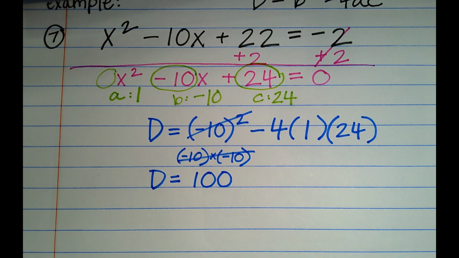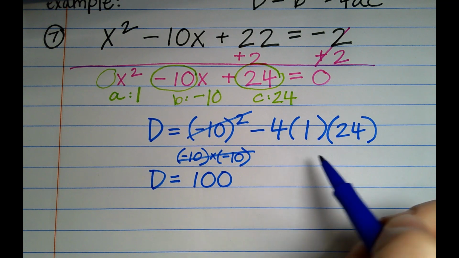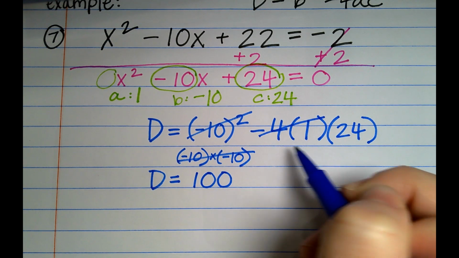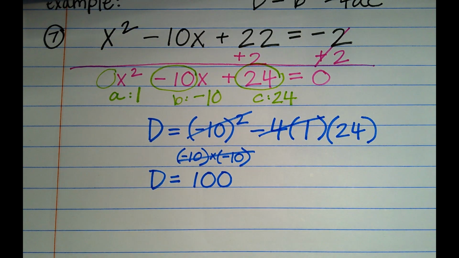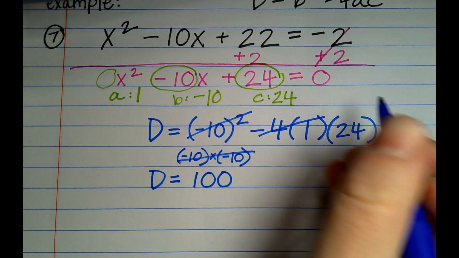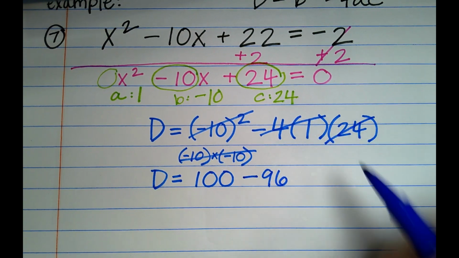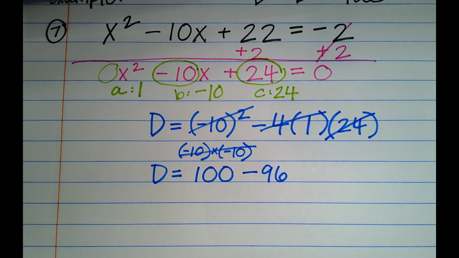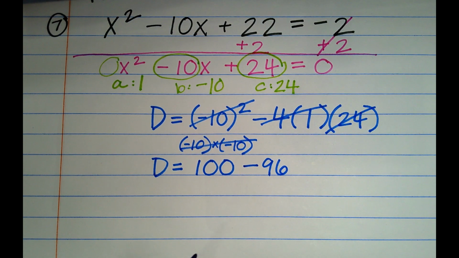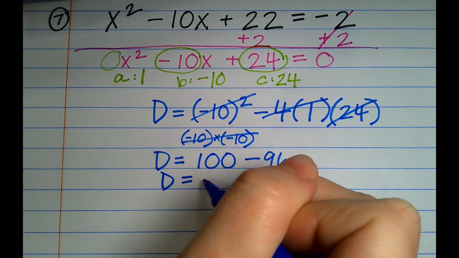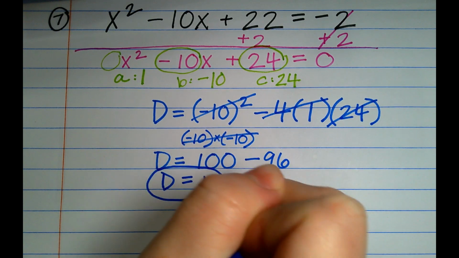And what comes next? -4 times 1 times 24. So what does that give us? -96. Okay, so now I have 100 minus 96 equals 4. So our discriminant is 4.